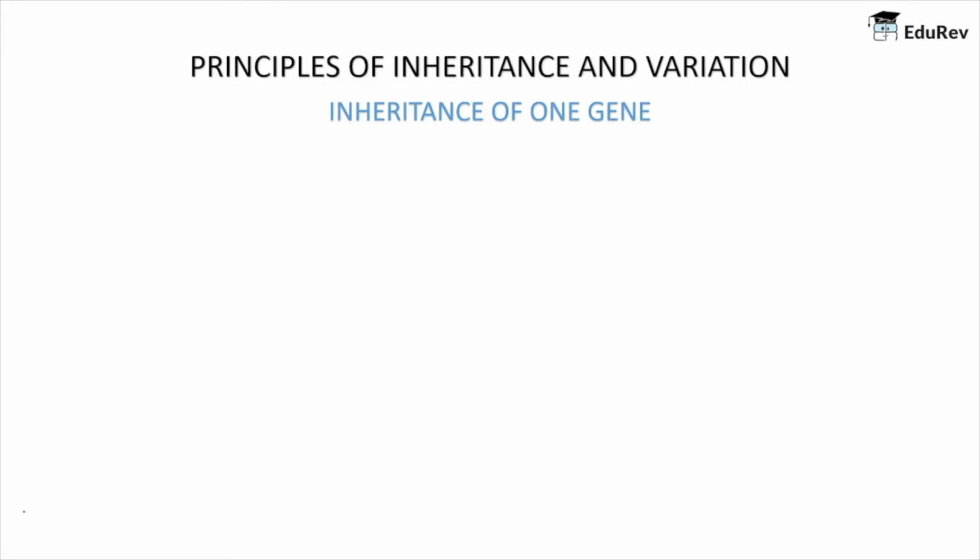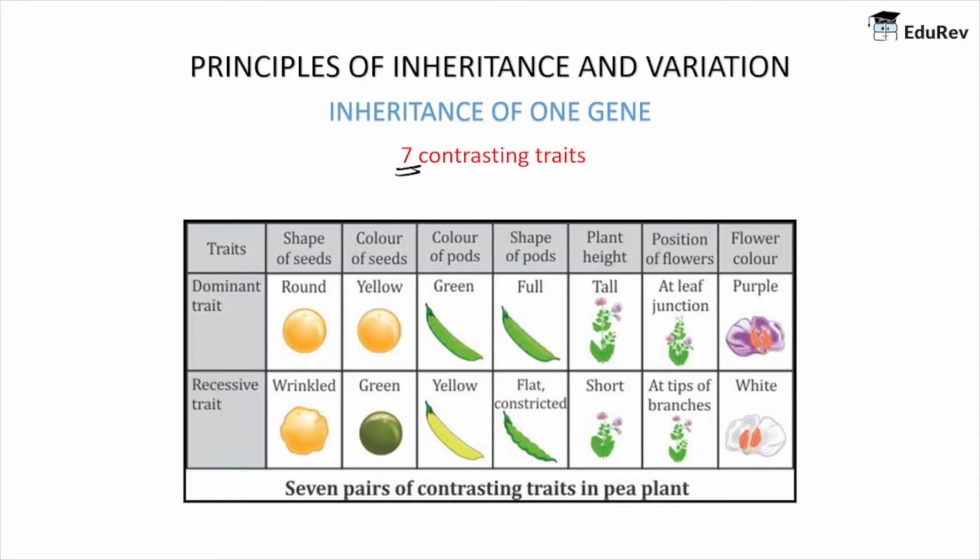Mendel in his experimentation observed some contrasting traits in garden peas, and those were the 7 contrasting traits. Contrasting traits, as we know, are either the dominant ones or the recessive ones.